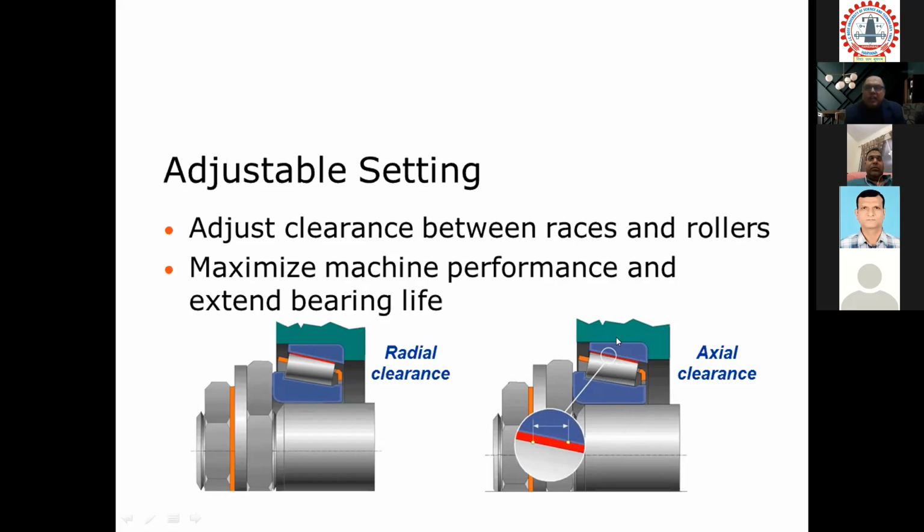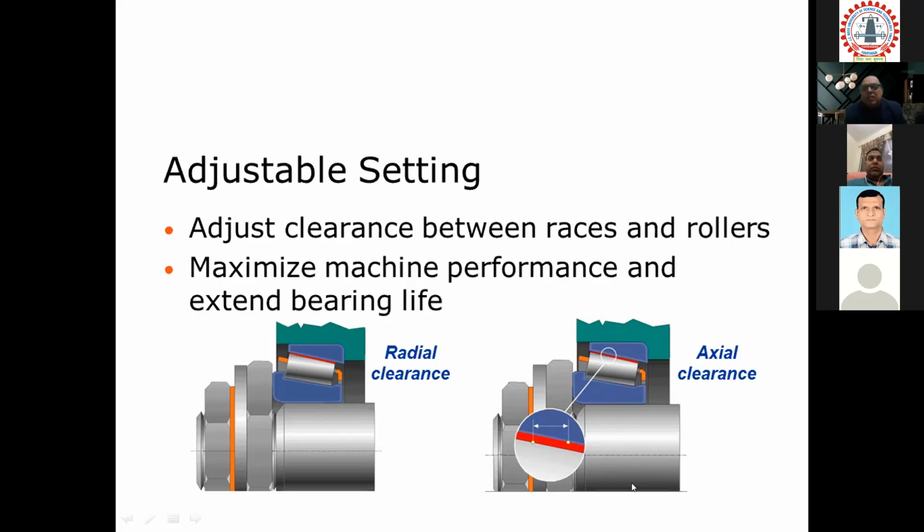Correct. As you were mentioning earlier, a designer will decide what condition he wants in running condition. Then he will work backwards to determine what the fitment will be between the outer race and inner race and shaft, and how much clearance will be lost because of running and heating.